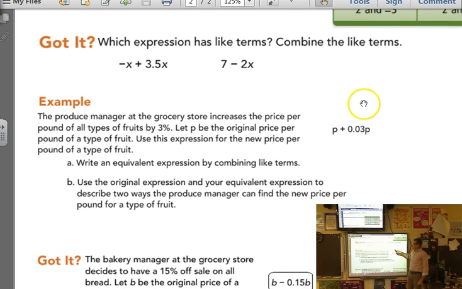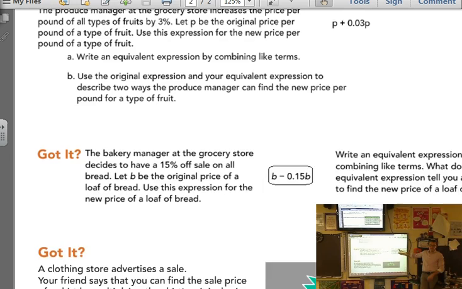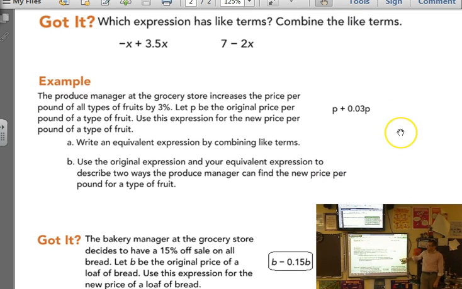So, choose which of these has like terms and combine the like terms. Then move on to the example. Actually, I'm going to give you guys 3 minutes. I bet you can finish all of this. We're going to use cards and see if we can bust through the rest of this.